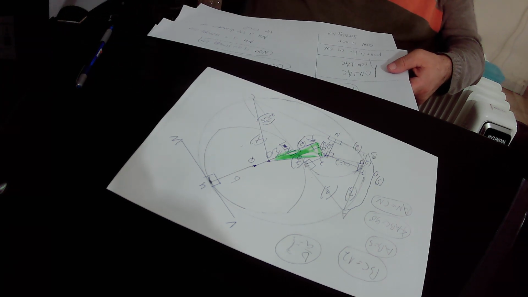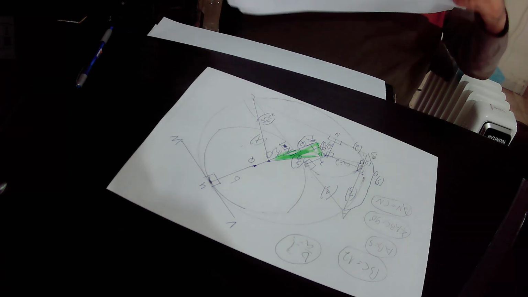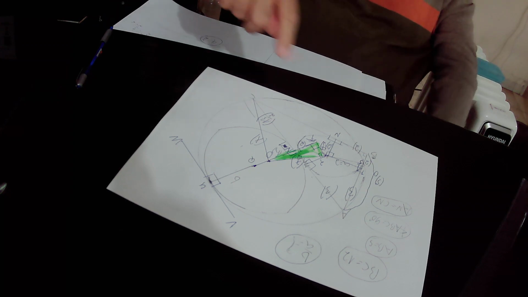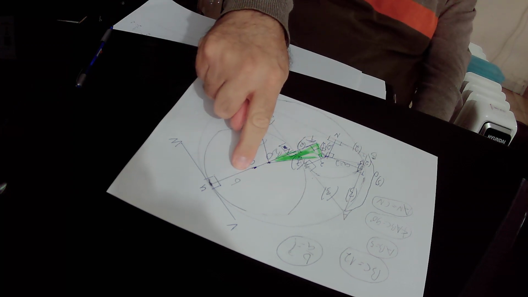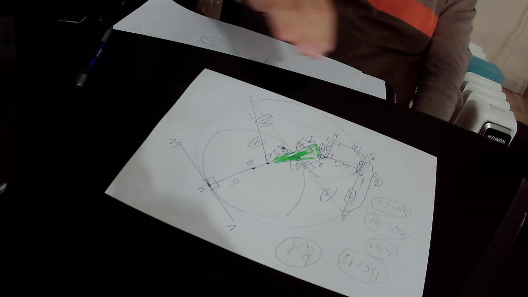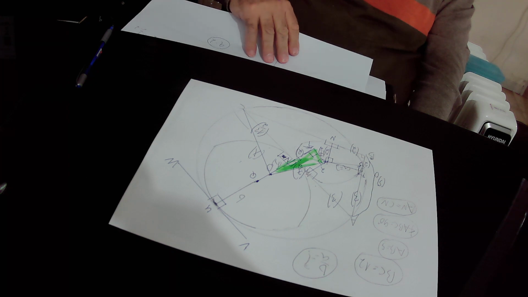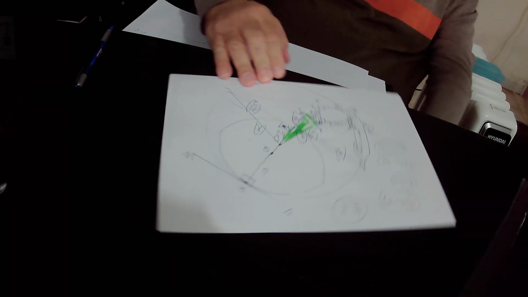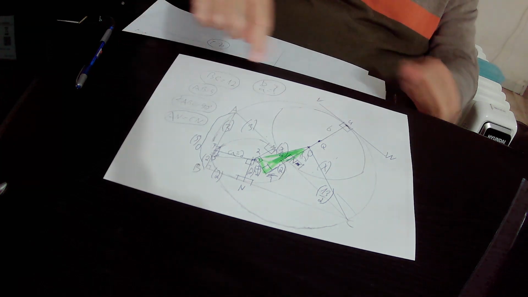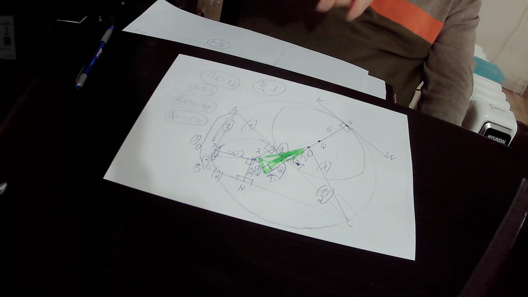In this lecture, we found out the ratio between two radii: the ratio between the radius of this circle, that is B, and the radius of this circle, that is A, or the ratio B over A. In the drawing, we have a bigger circle. Inside this bigger circle we have two smaller circles.